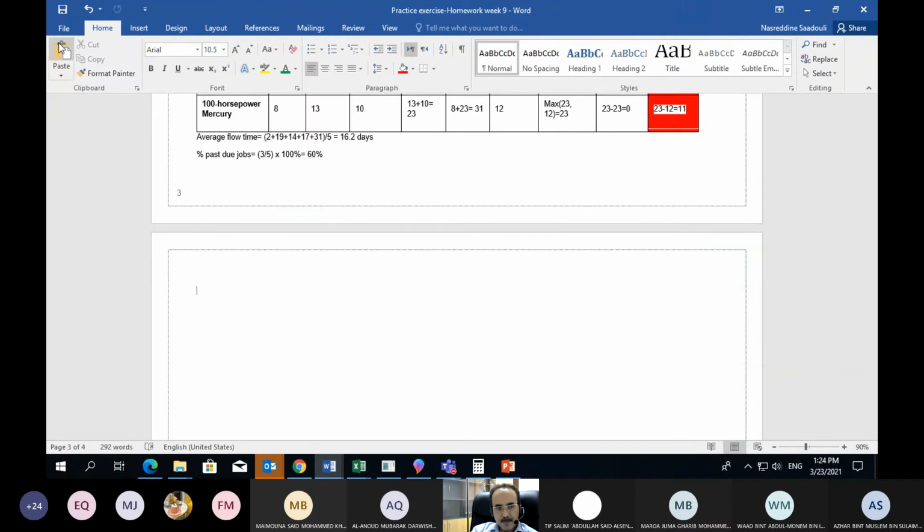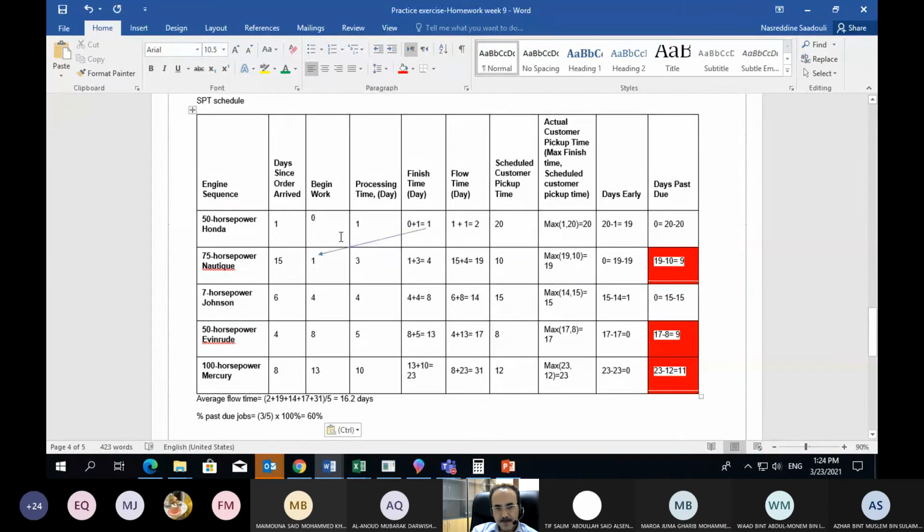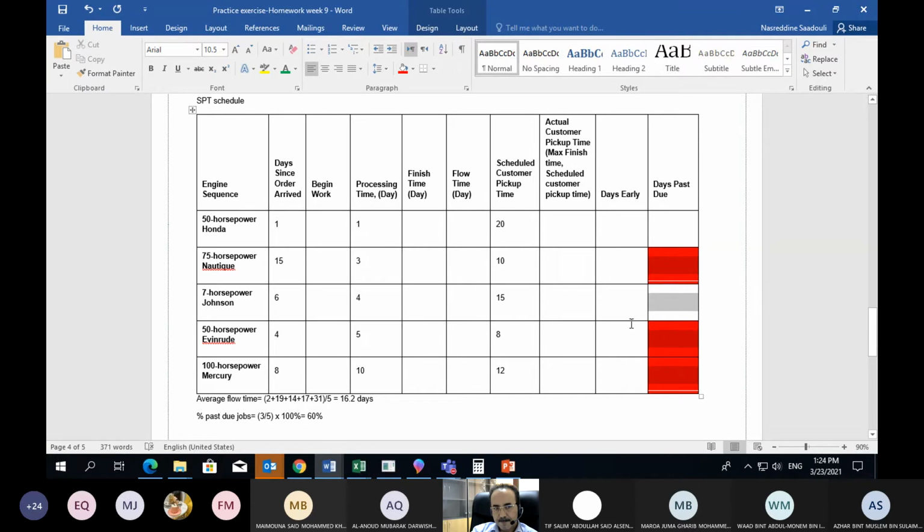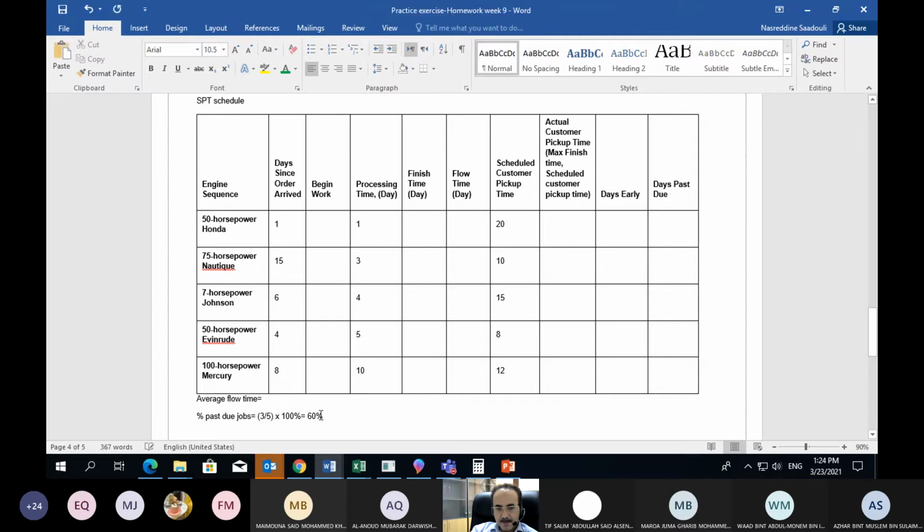For the earliest due date, we need to sort by the scheduled customer pickup.